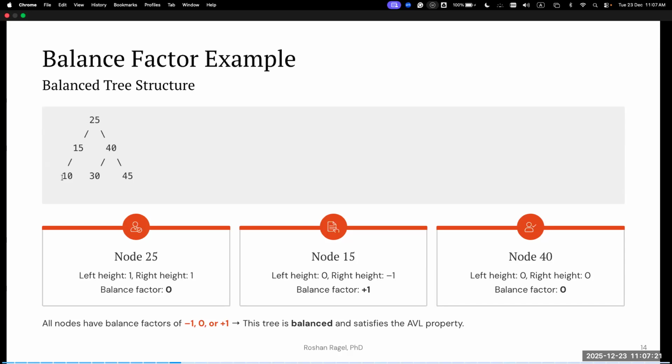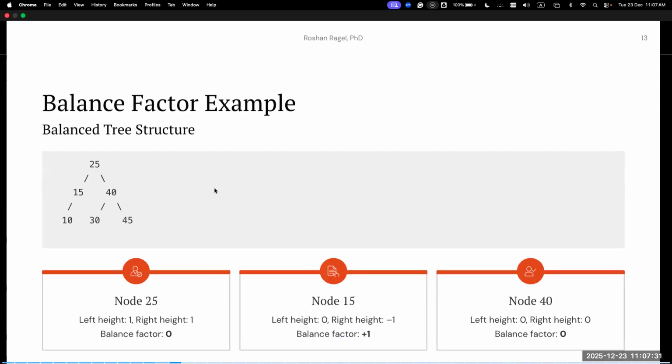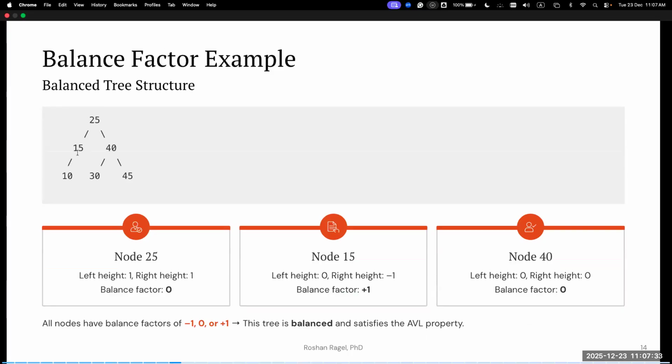The height is defined so that a leaf node is 0, and a node with one child is 1. So the leaf node is 0, and this is 1. Yeah, this should be 2. There's some mistake here. You are right. Somebody pointed that out. I'll update those. So the height of this is obviously 2.